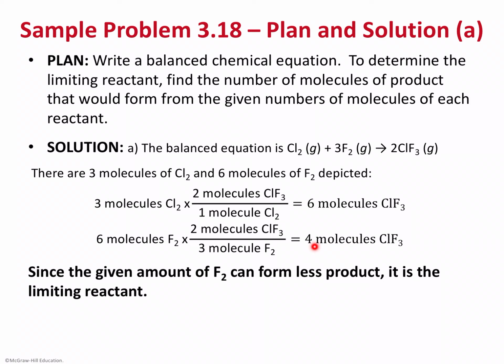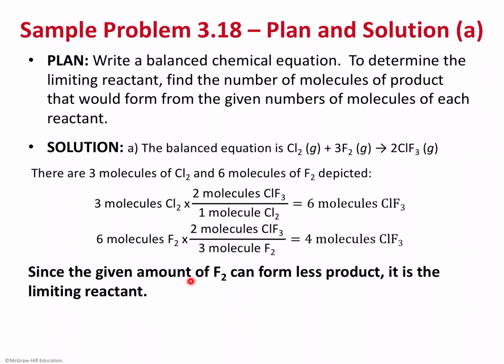Okay. So when you get the number of moles of product like this, whichever gives you the lowest number of moles is the product amount that you're going to make, and that reactant would end up being the limiting reactant.